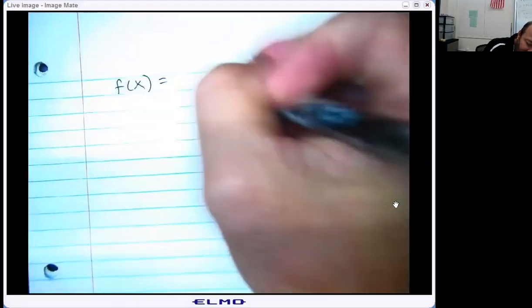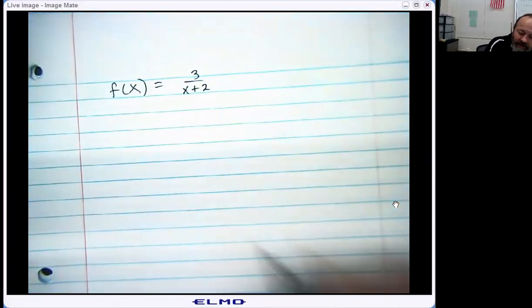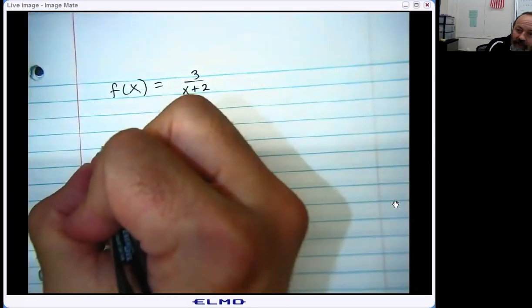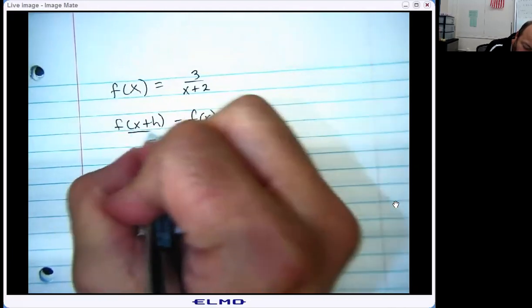So let's start off with a simple one like f of x equals 3 over x plus 2. A very simple little idea. And so if we were to look at the formal definition, let's take a look at f of x plus h minus f of x all over h.